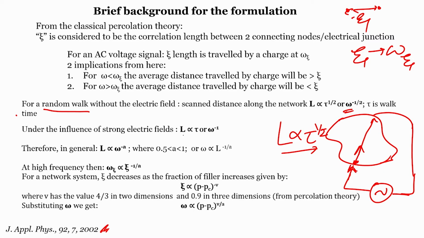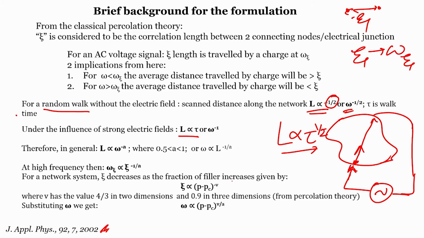In that case, the length travelled by the charge is a linear function of the time, unlike the case where the electric field was not there, where the charge had a square root relationship with the time lapsed in covering that path. So these are two extremes: either it is a square root dependence or a linear relationship.